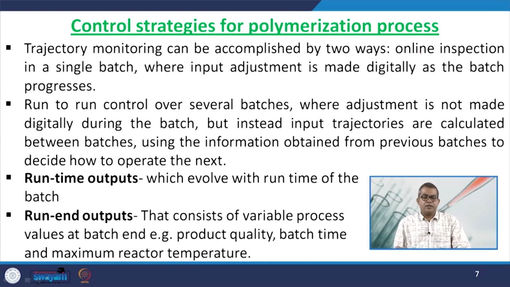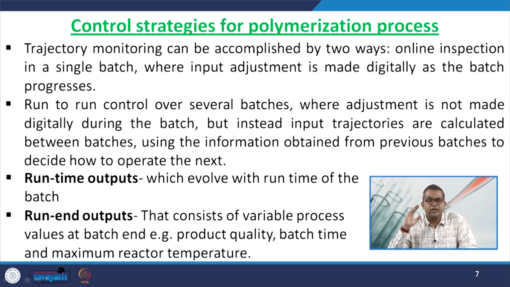Whenever we talk about the desired properties, every time you are looking for tailor-made properties in that particular polymer. Now, you need to design a control scheme to track the selected profile as close as possible. Now, trajectory monitoring can be accomplished in two ways. One is online inspection in a single batch, where the input adjustment is made digitally as the batch progresses.